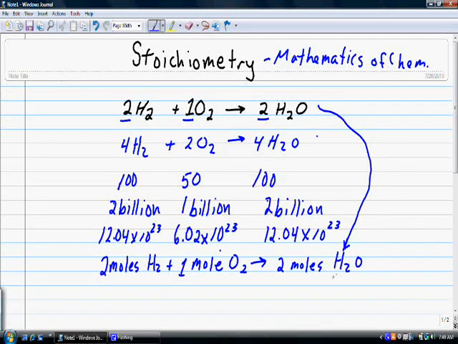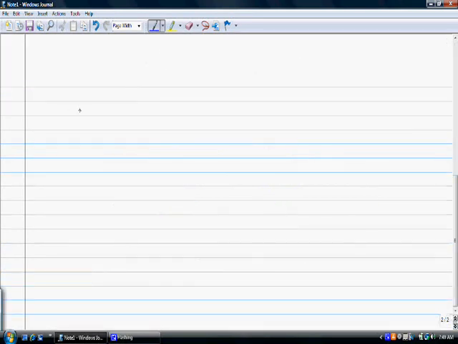From this, if I have 2 moles of hydrogen reacting with 1 mole of oxygen to produce 2 moles of water, we can make mole ratios.